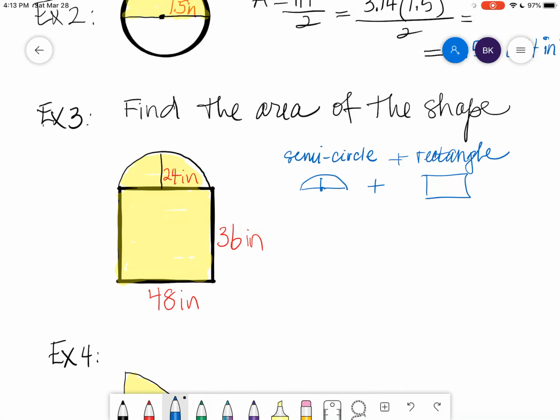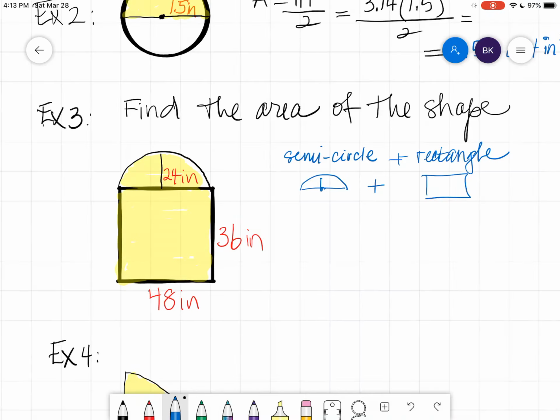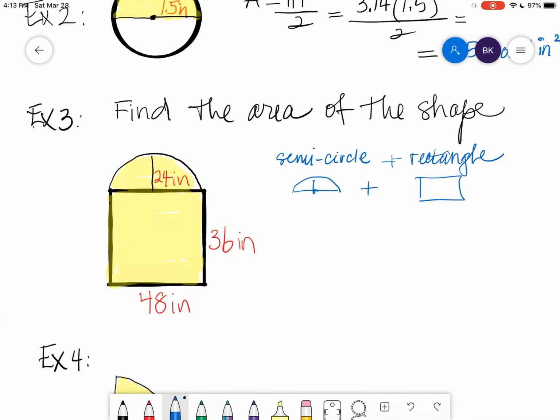So semicircle, obviously it would be pi r squared divided by 2, or 3.14 times a radius, it says 24 inches squared, over 2, plus the rectangle, which is simply length times width, or base times height, 48 times 36.